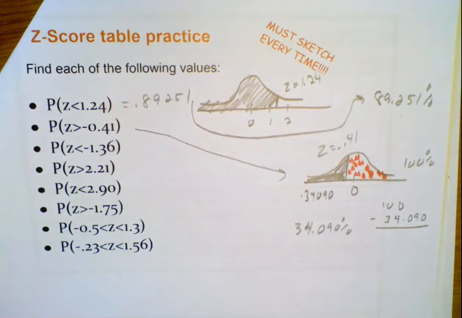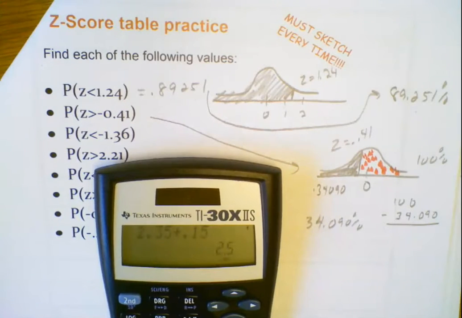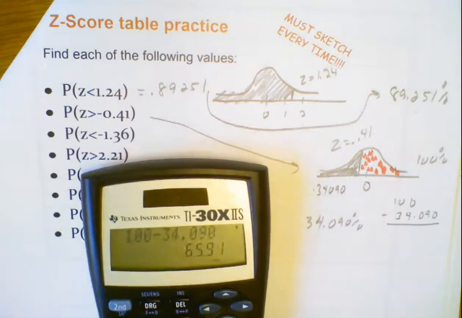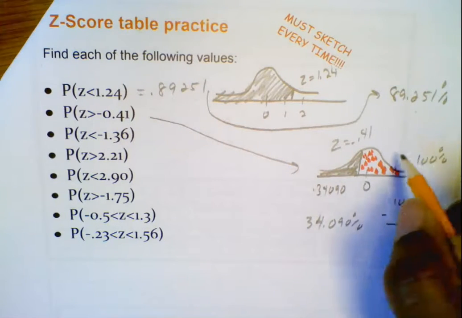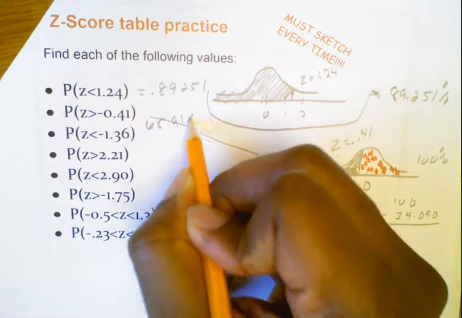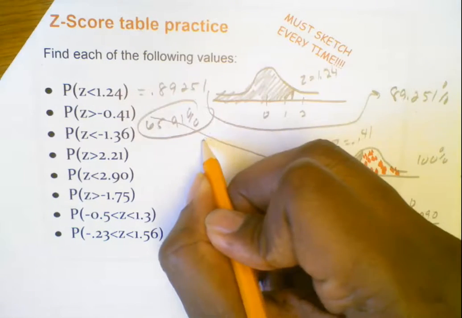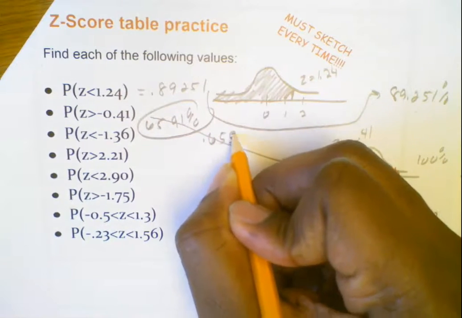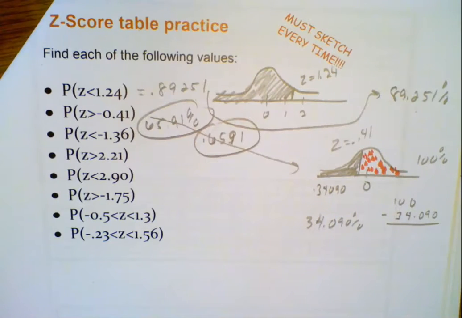You plug that into your calculator. 100 take away 34.090 is 65.91. So this probability is 65.91%, or 0.6591. Either way. But that's what the probability is for that one.